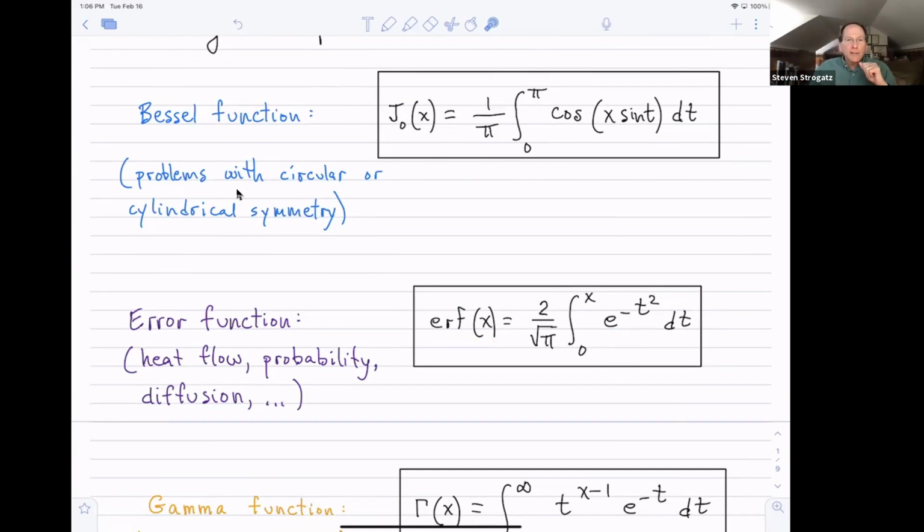So if you're integrating from 0 to x under e to the minus t squared, then you get the error function with this normalization constant out in front. Notice that x is playing a different role here. x is an upper limit of integration in this case, whereas here x was a parameter inside the integrand. So these are the kinds of ways that we'll see x appearing in these integral representations.